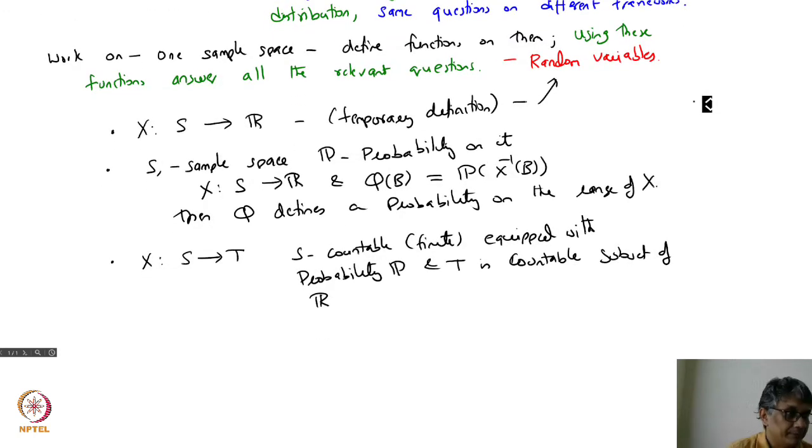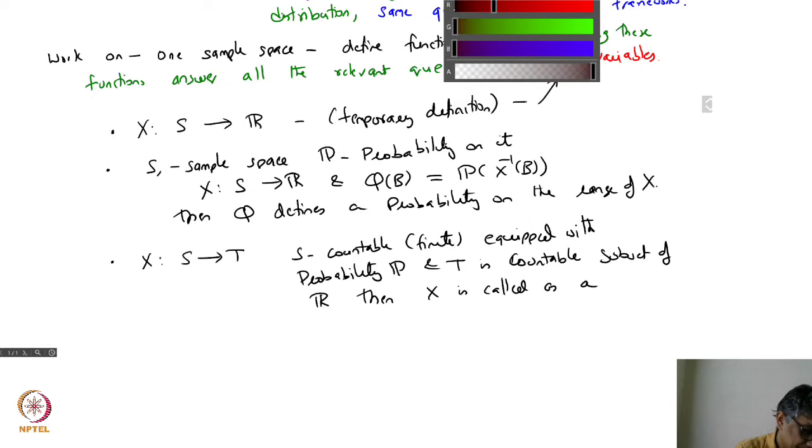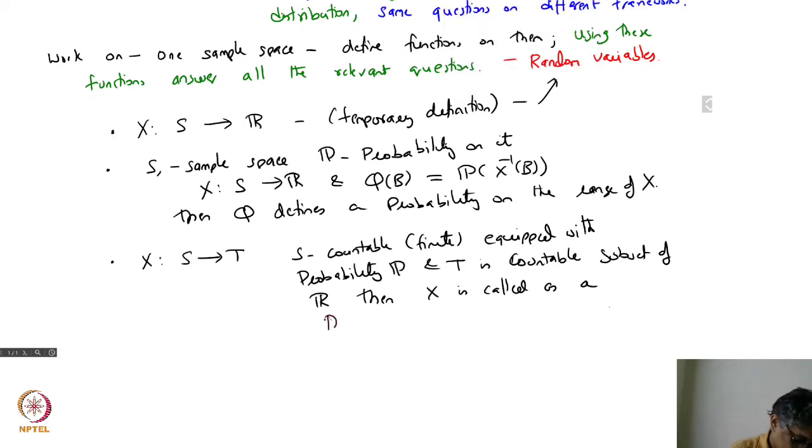Then X is called a discrete random variable. The assumption that S is countable can be relaxed, but T has to be countable for sure.